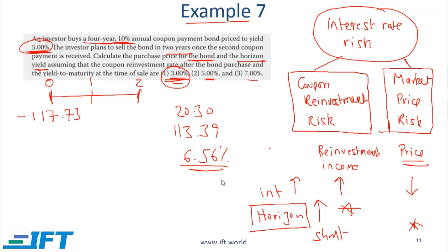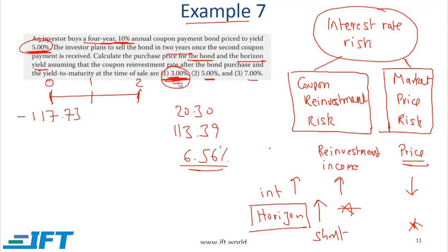And this should make sense because our horizon is short. Therefore, the decrease in interest rate is actually benefiting us. This is essentially what I talked about here. But in my discussion, I talked about an increase in interest rate. Here we have a decrease in interest rate.